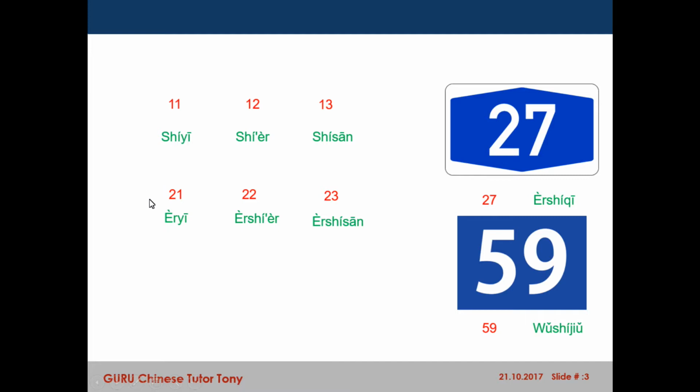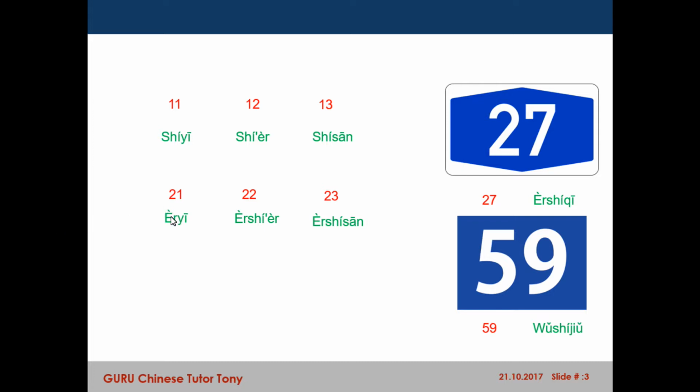All right, so more than 20. It's also a rule. For example, 21 is 2, 10, 1. So 21. 22 is 2, 10, 2. So it's 22.